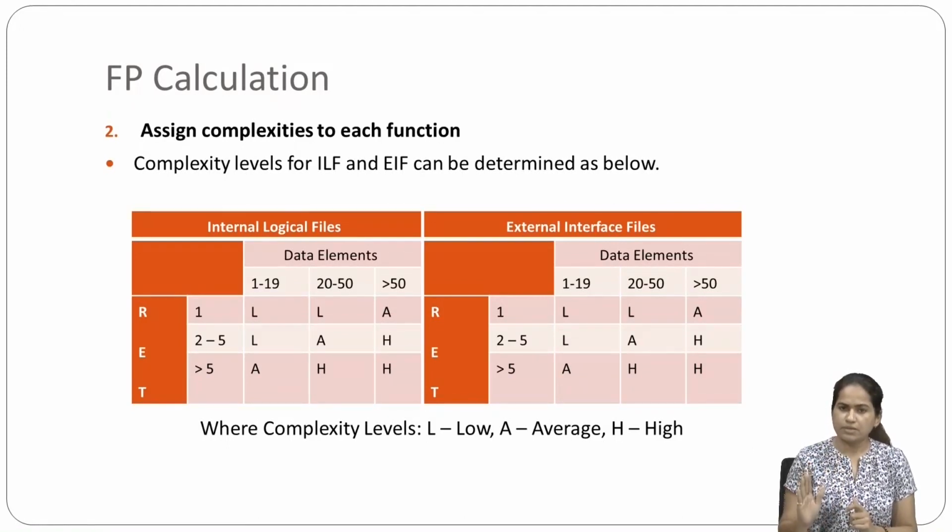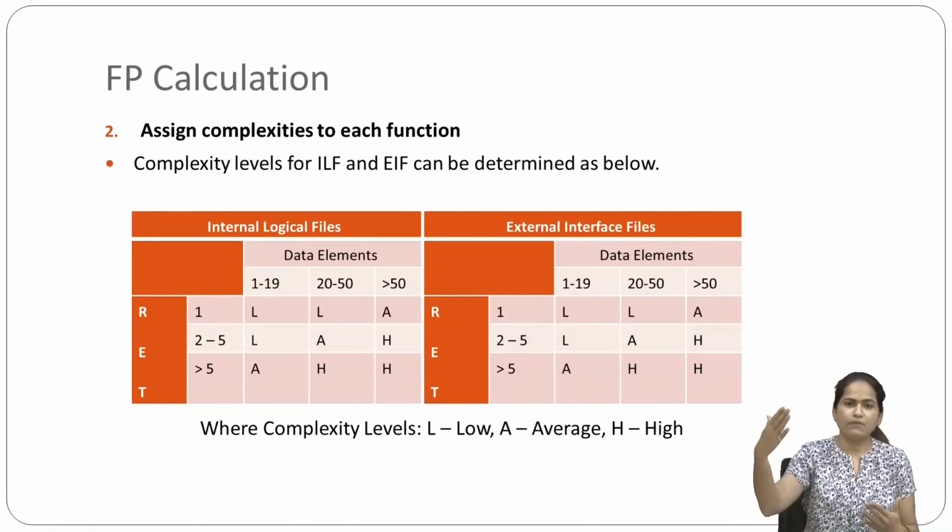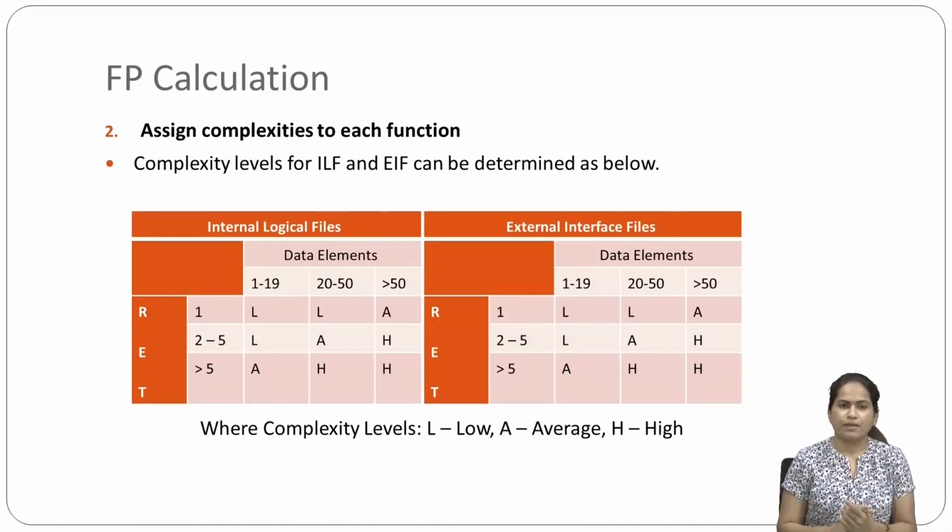L is representing low, A stands for average, and H stands for high. Now suppose your RET is 1 and data elements are 20 to 50, then it will have low complexity. RET is 1 and your data elements are greater than 50, then it will have average complexity.